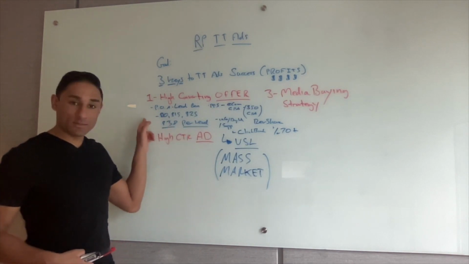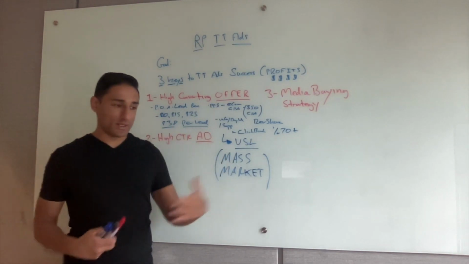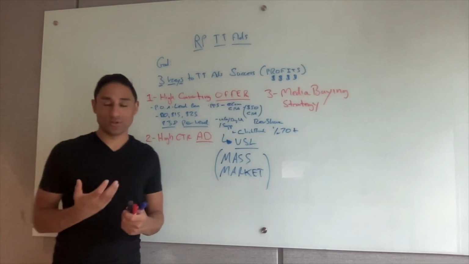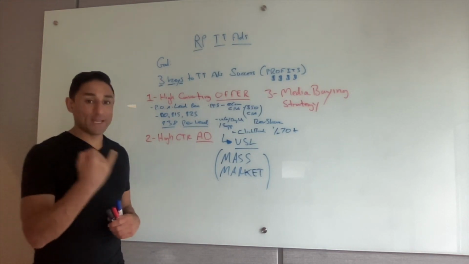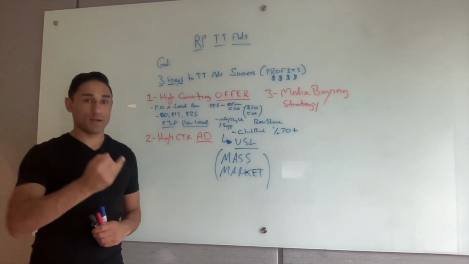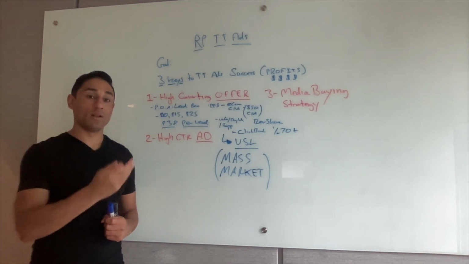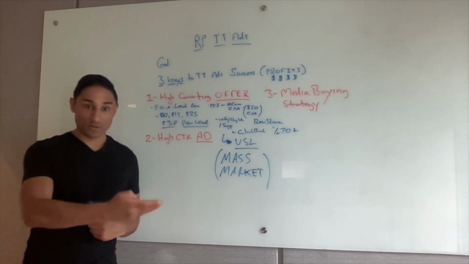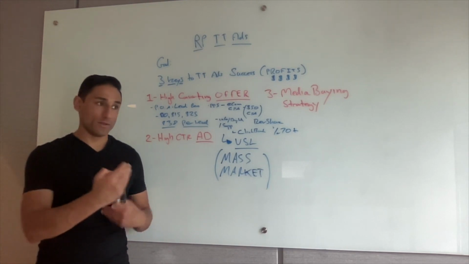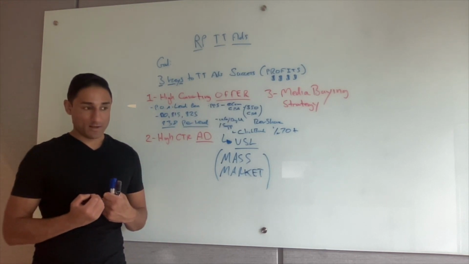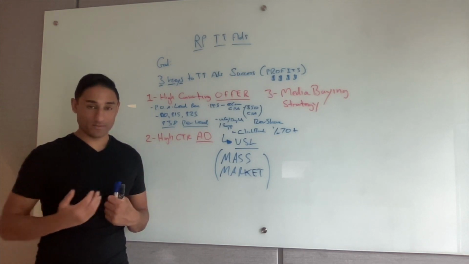However, in the lead gen space, we typically go after offers in the money niche, the finance niche. So things like debt consolidation, credit repair, car insurance, car loans, personal loans, loans for people with bad credit, student debt consolidation.